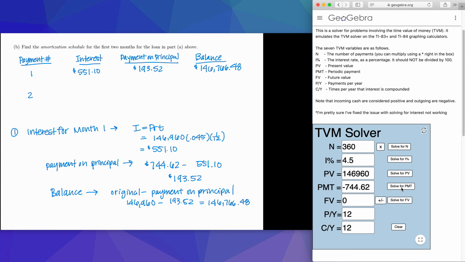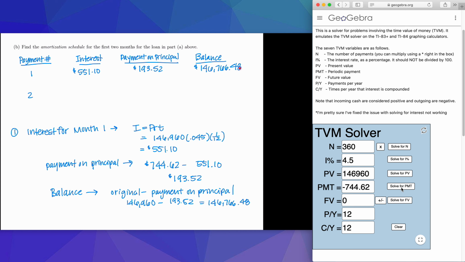So now we would keep going. Okay. For month 2, well, now we pay interest on the new balance. Instead of the original, we pay interest on the new.